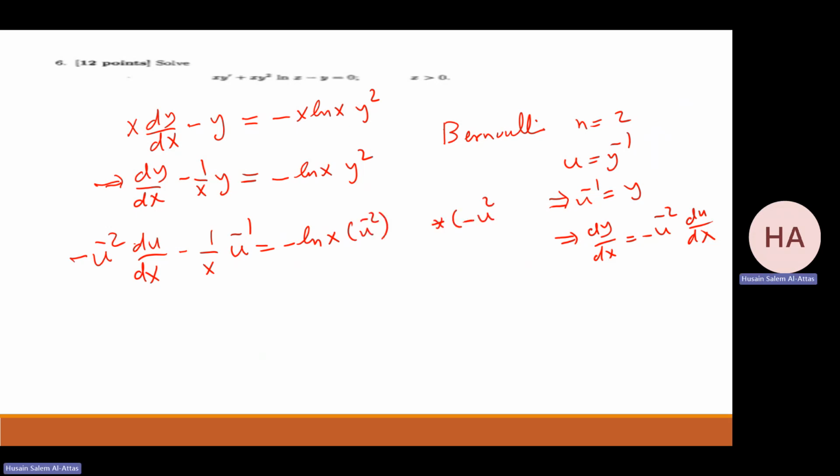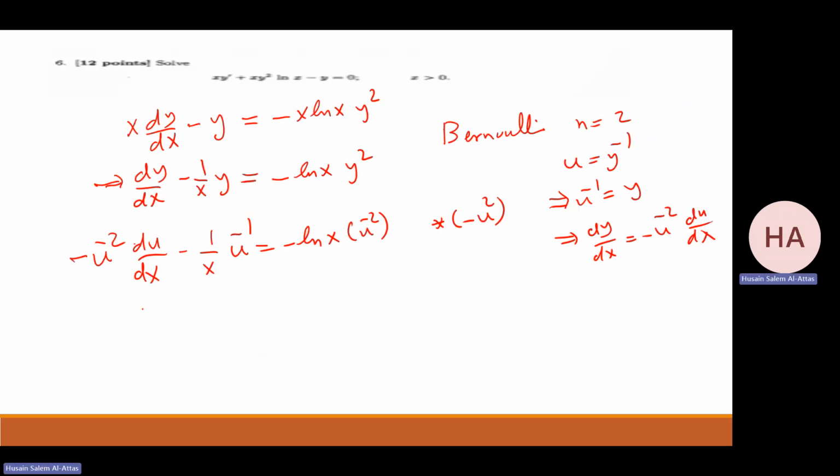Multiply by minus u squared. That gives me what? du over dx plus 1 over x u equals ln x.